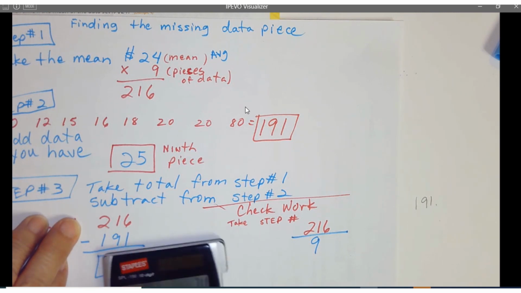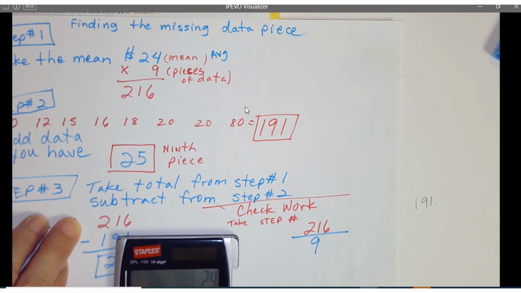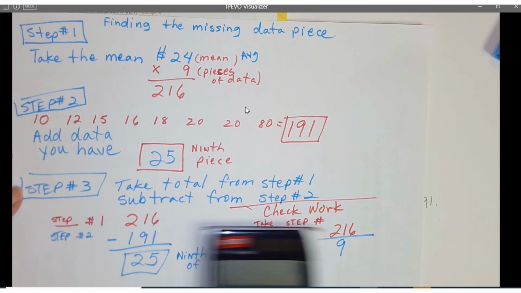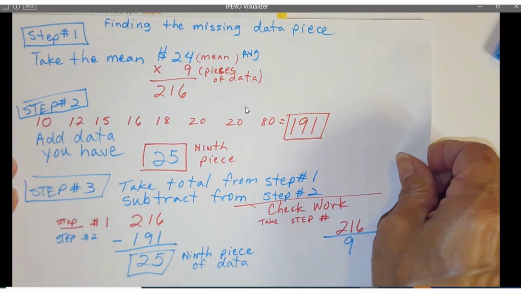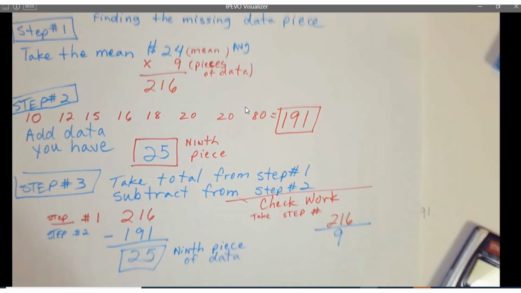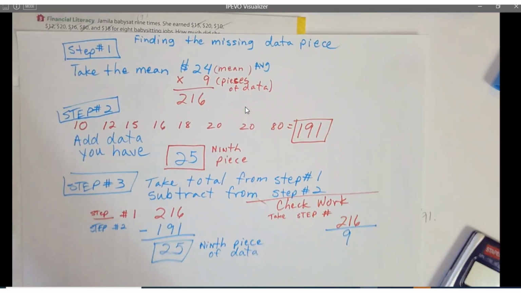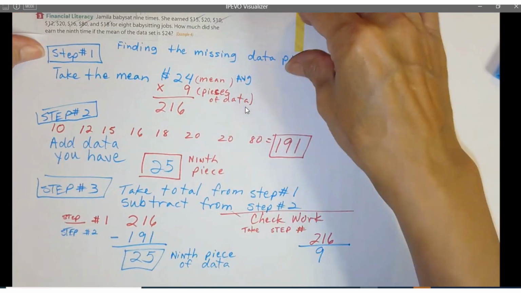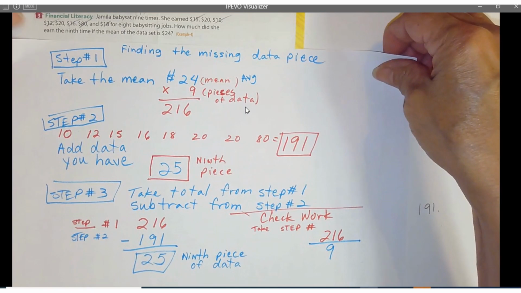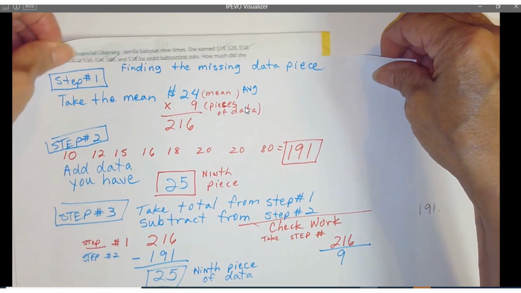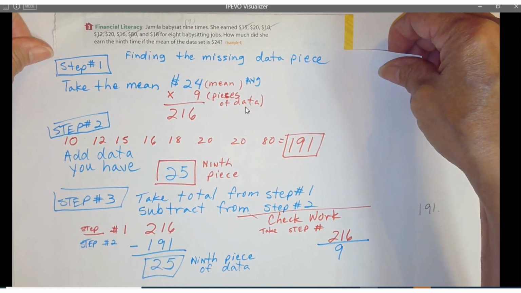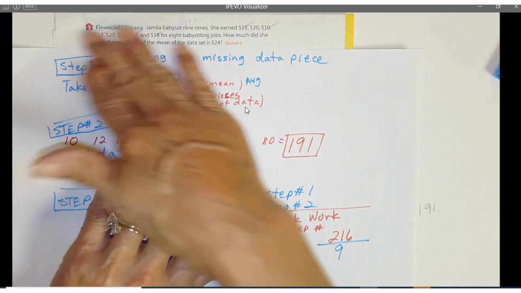This is a tough one. I'm going to give you one for homework, because I really want you to practice this, students. Just remember the steps. Look at these steps. View them. Okay? Let me go ahead and make this a little easier for you to see, and this way you can actually see this question here. And then you can see what that looks like.